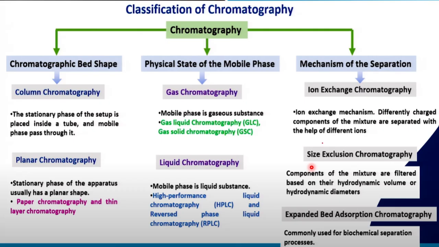And based on the mechanism of interaction or separation, in ion exchange chromatography, differently charged species of the mixture of samples are separated with the help of different chemical interactions. In size exclusion chromatography, components of the mixture are filtered based on their hydrodynamic volume or their radius of gyration.